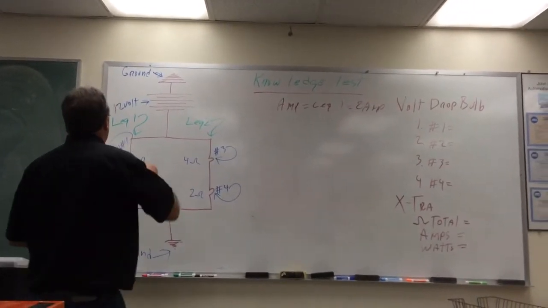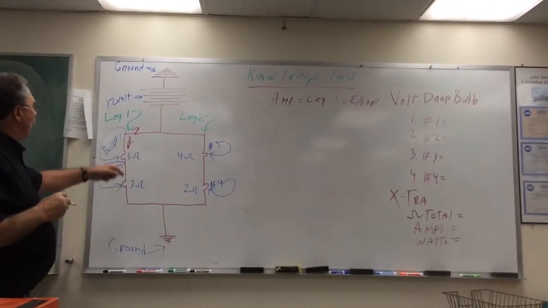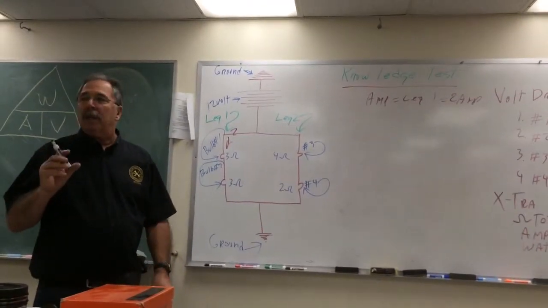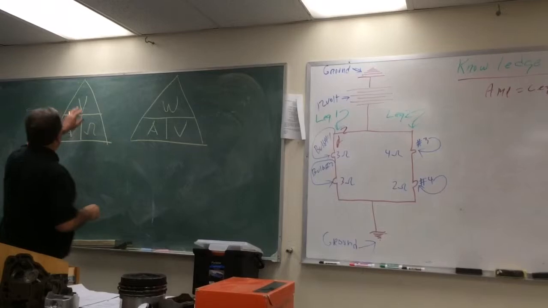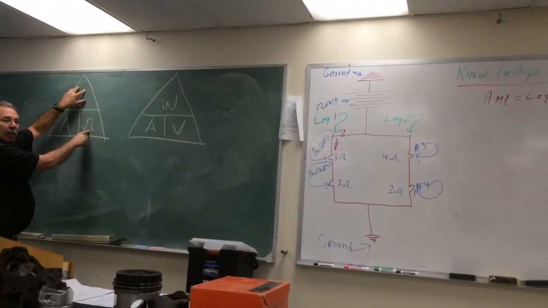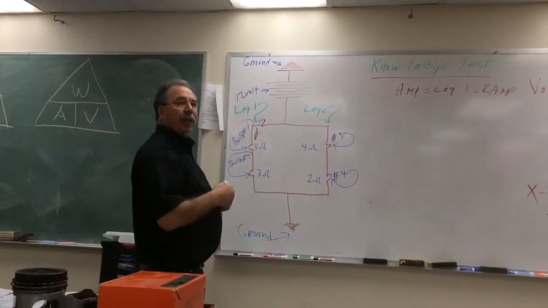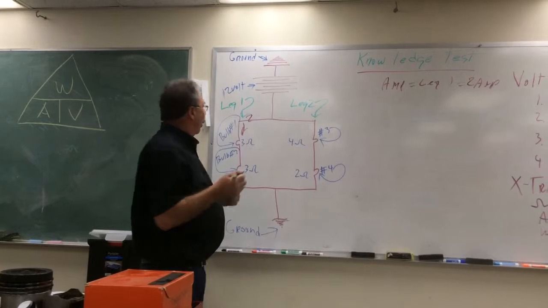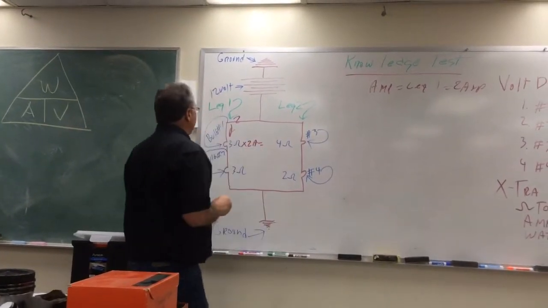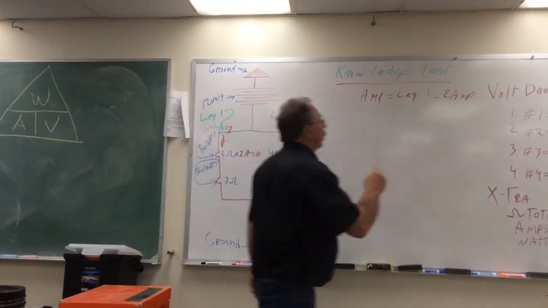Okay, so we know we have 2 amps here. Okay, so the voltage drop on bulb 1, what are we going to do? Think about it, guys. We want to find voltage. We need to know the resistance, right? And amperage. So what have we just figured out as far as our amperage goes? 2 amps. So we have 3 ohms times 2 amps is what? 6, yeah, 6 volts.